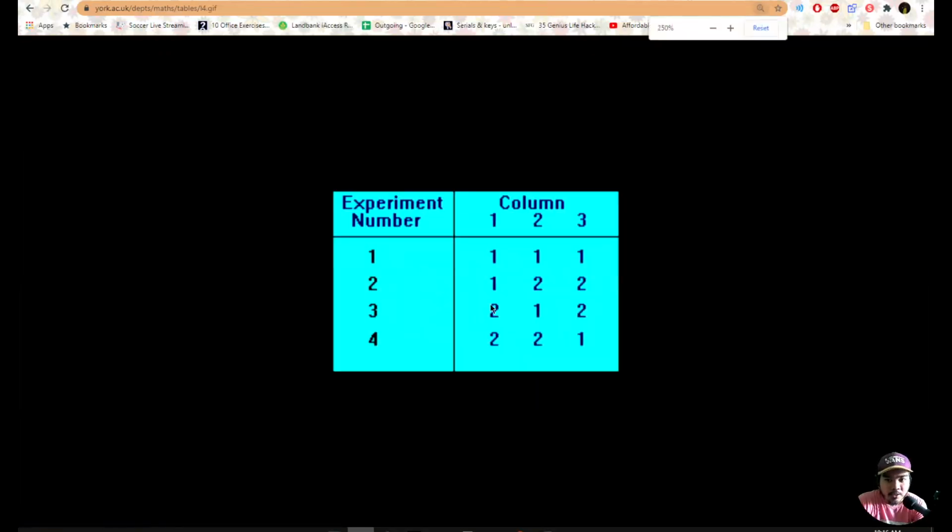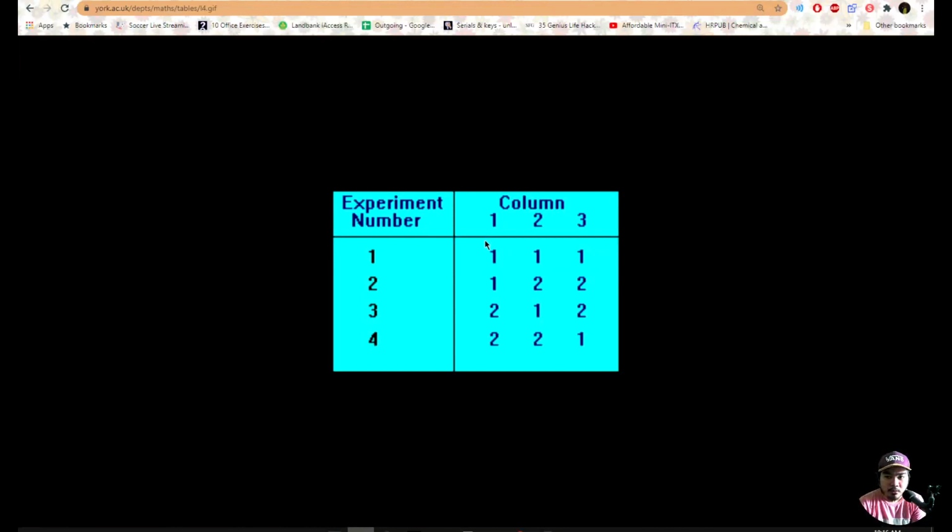So it looks like that. This is the experiment number, 1, 2, 3, 4. These columns are the different factors, with levels 1 and 2. And these are the factor settings for each of those experimental runs. Okay? If this were done traditionally using ANOVA, you would have 3 levels per factor, so that's 3 to the 3.